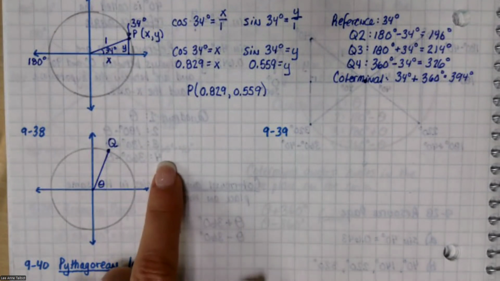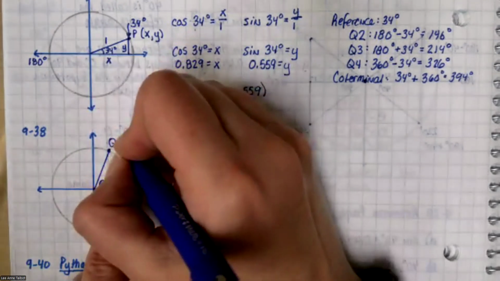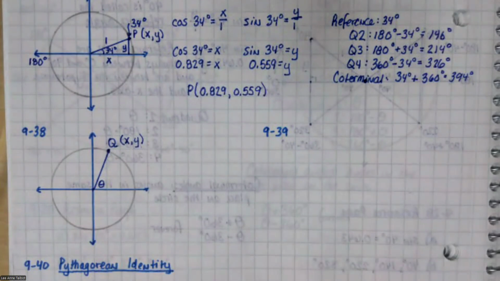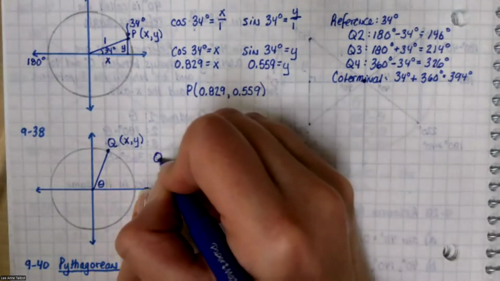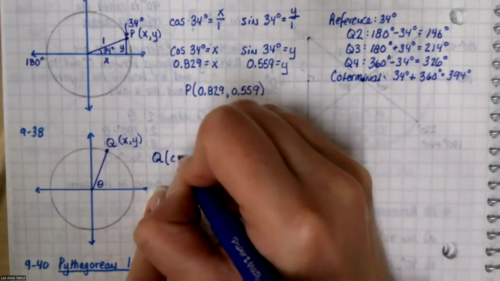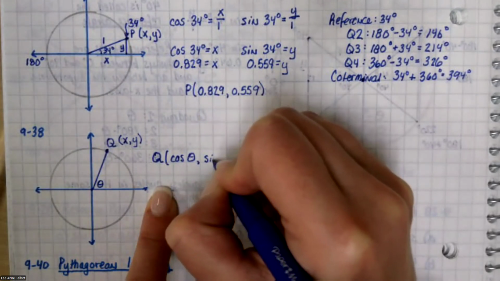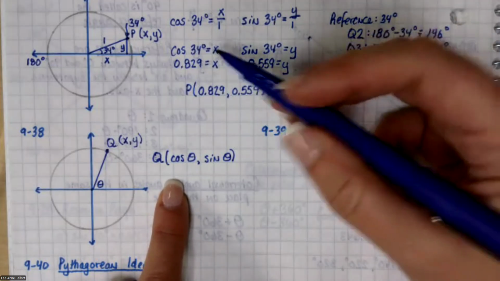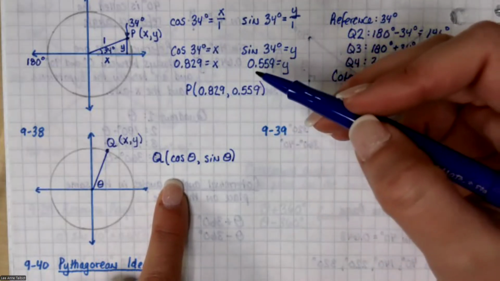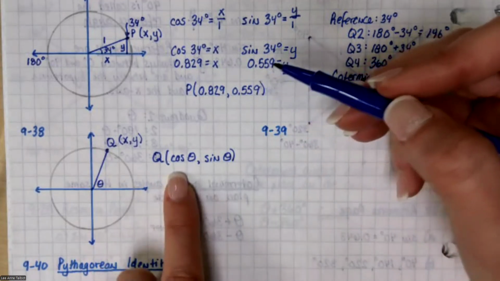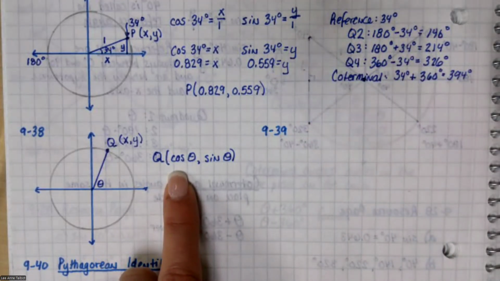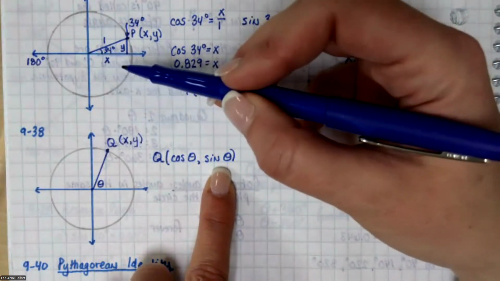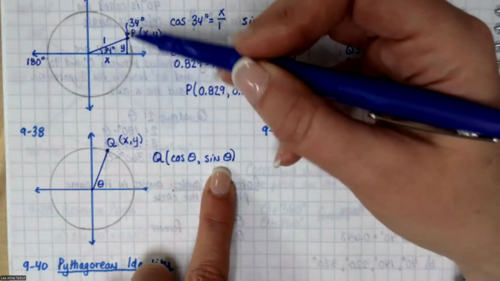Okay, so would you guys agree with me that if the point Q, and this is just some random point Q, has the coordinates x, y, that the coordinates would be cosine of the angle, comma, sine of the angle, from our work up here. And it doesn't really matter what the angle is. We could find the coordinate by doing the cosine for x and the sine for y. And the reason is because cosine is adjacent over hypotenuse and the sine is opposite over hypotenuse.